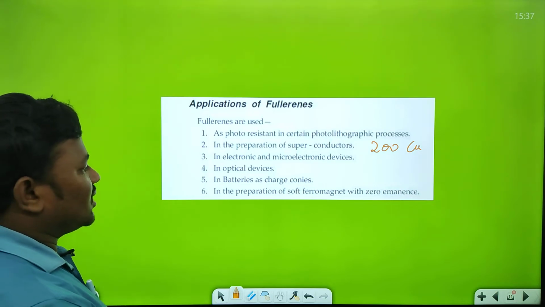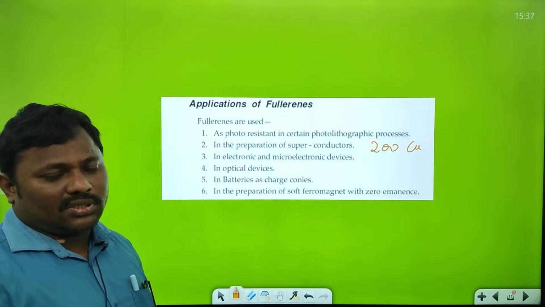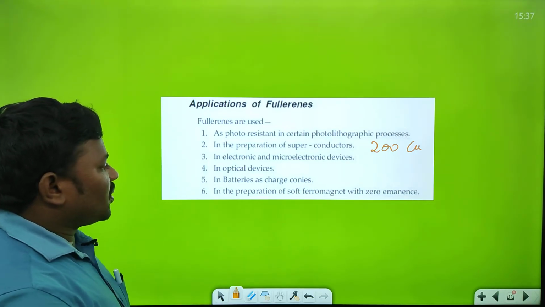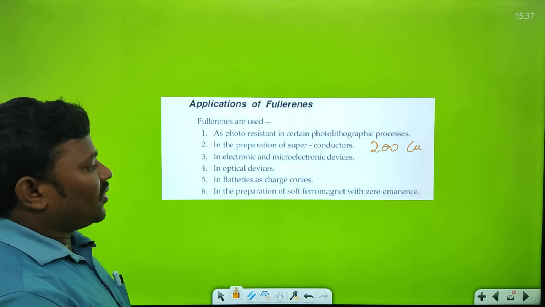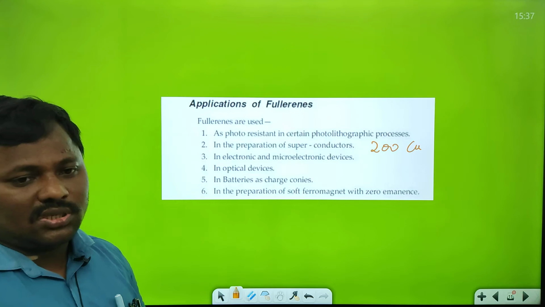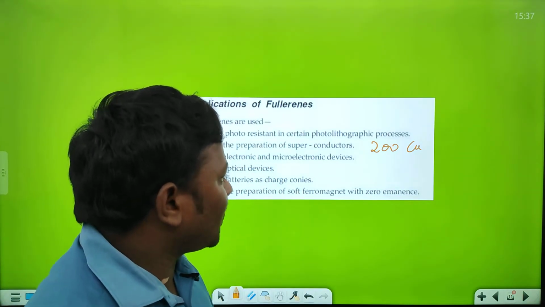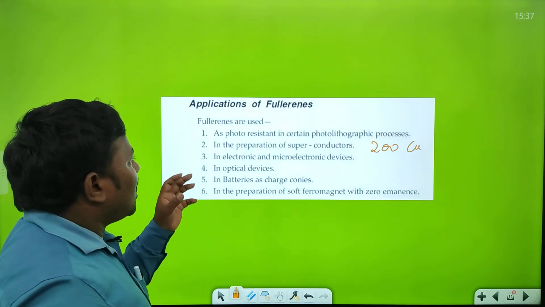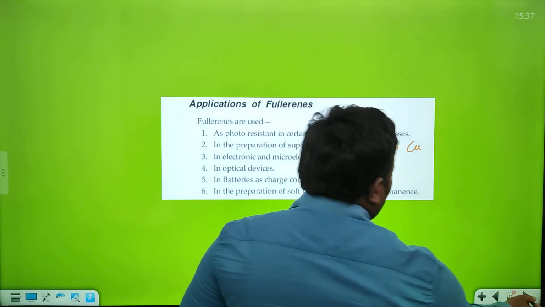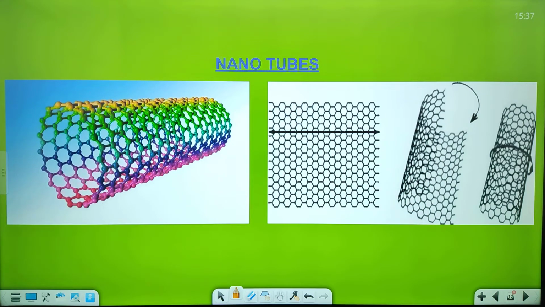And batteries as charge coins. Is it right? So batteries and charge coins. And the preparation of soft ferromagnetic substances. These are the applications of fullerenes.